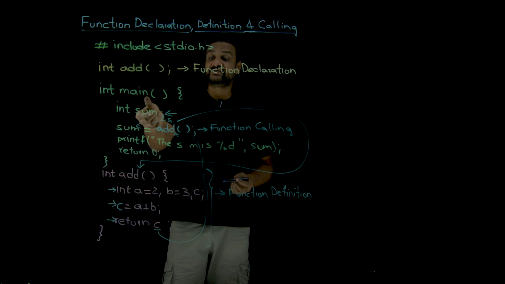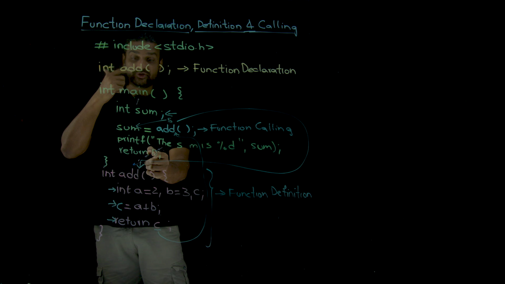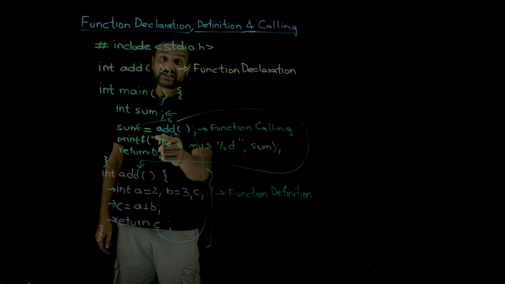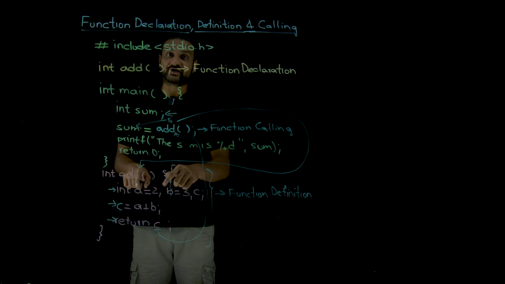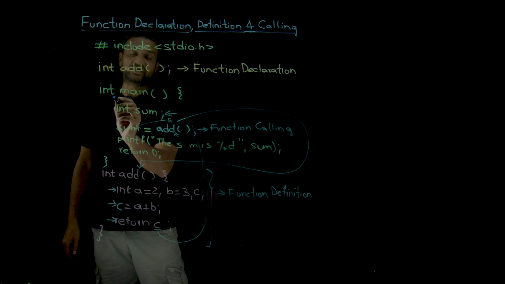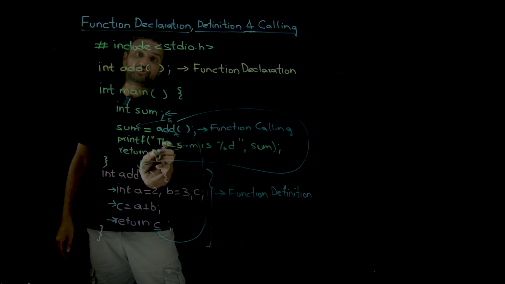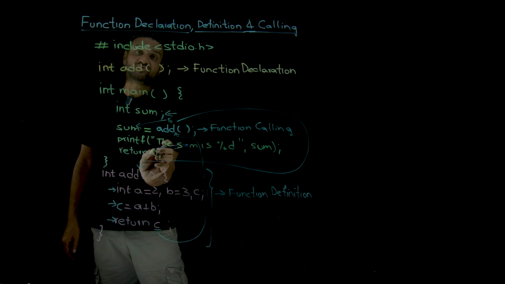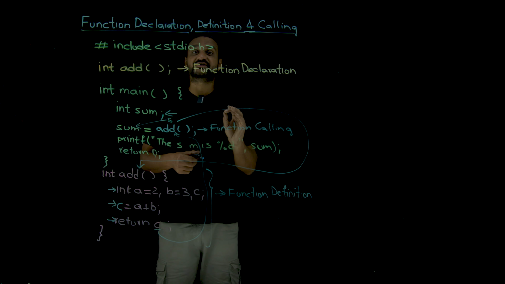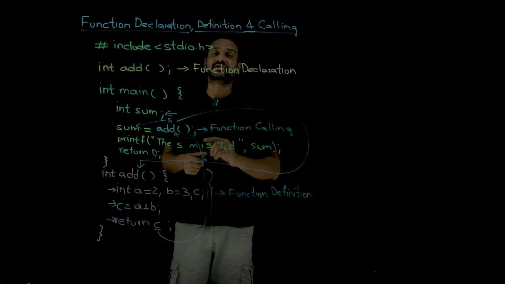So far we haven't discussed this line of code. As we came to the point of functions, this is where the value to be returned by main is an integer, so we are returning 0. This is how function declaration, definition and calling is done.